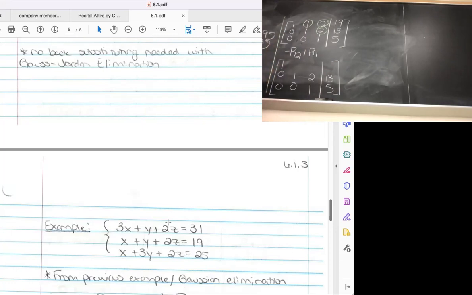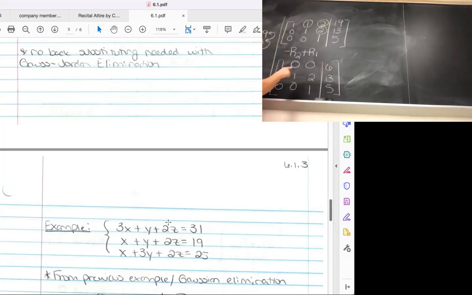Notice it didn't change anything, and that's the goal. We don't want to mess up what we already have accomplished. Negative times 1 will be a -1. Add that to +1, that'll give me 0. Negative times 2 will give me a -2. Add that to +2, and I get a 0. Negative times 13 is a -13. Add that to 19, and I get 6.